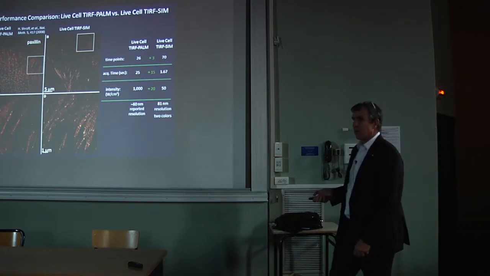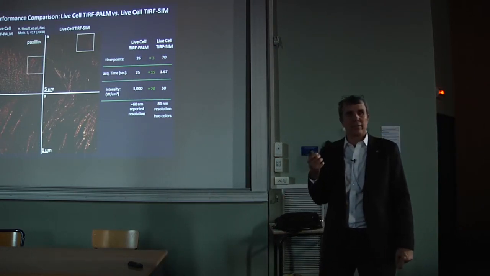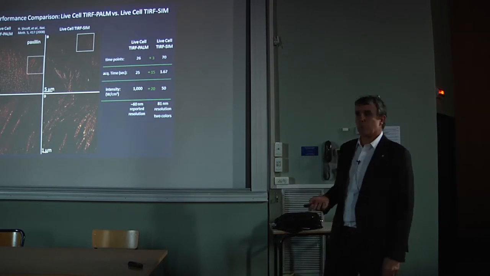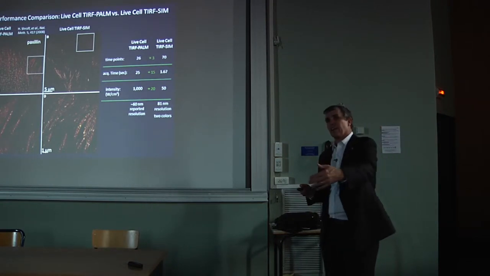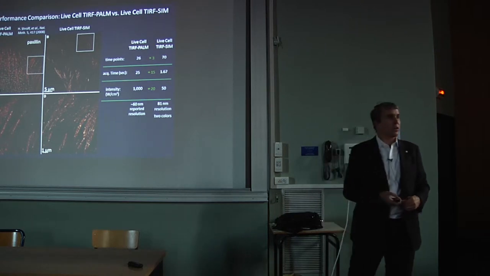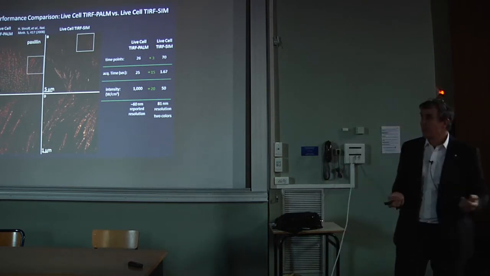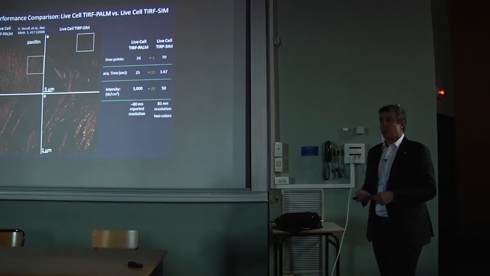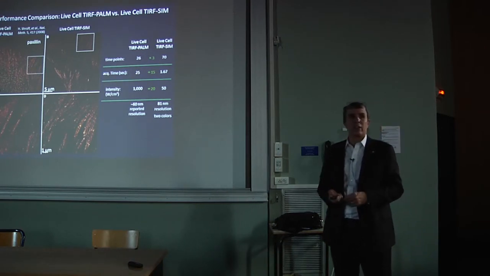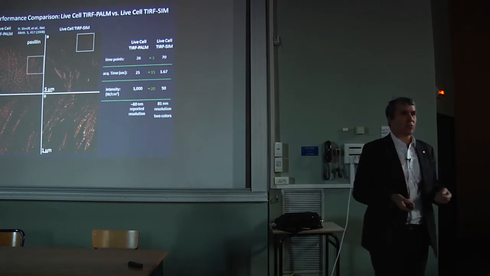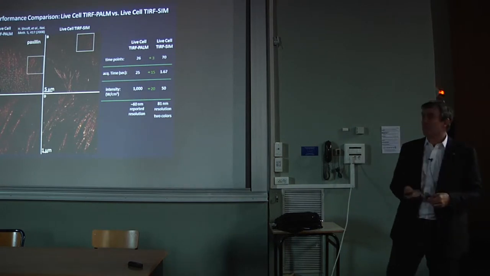So we can compare what we can get now with these high NA version of structured illumination to the supposedly higher resolution methods of the other super resolution methods. So the first comparison I'll make is to my own work back in 2008 when we were able to demonstrate live cell PALM imaging for the first time.